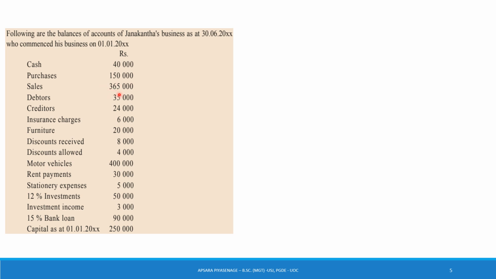So we can identify this as a credit balance. Debtors are an asset to the business. So this 35,000 is a debit balance. Creditors are a liability. So this 24,000 is a credit balance.